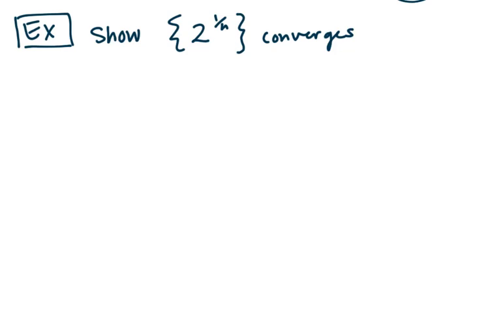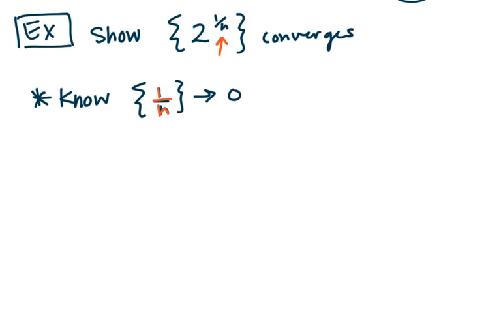So we're going to start, again, by going back to a sequence convergent value that we know. Something that we know is that the sequence 1 over n approaches 0. And I see that 1 over n is in my original sequence.